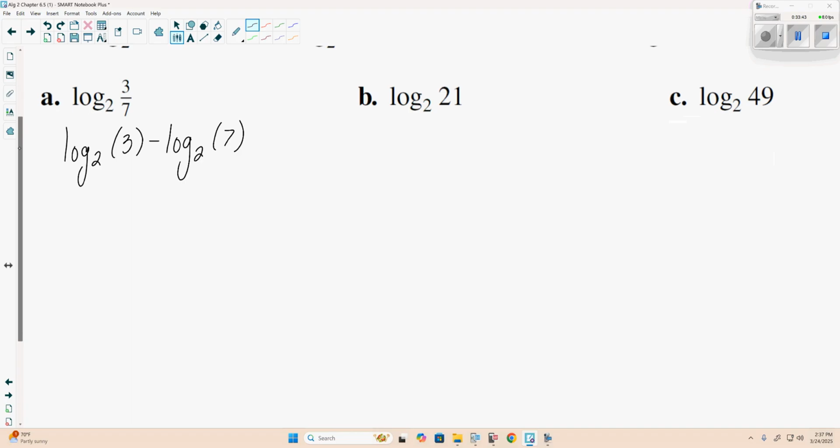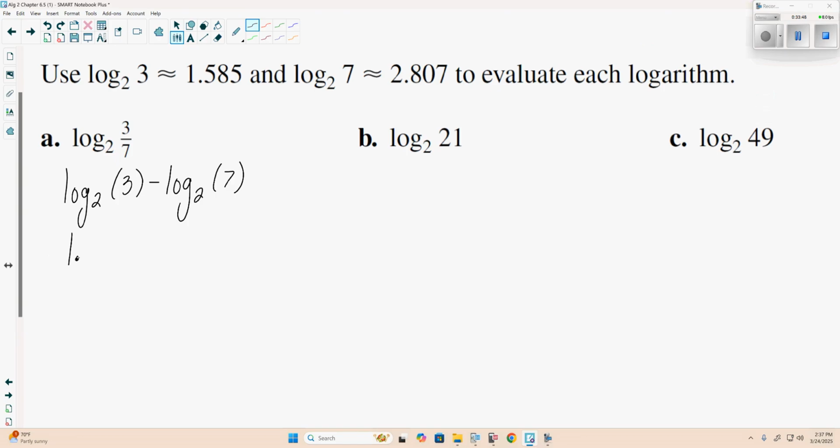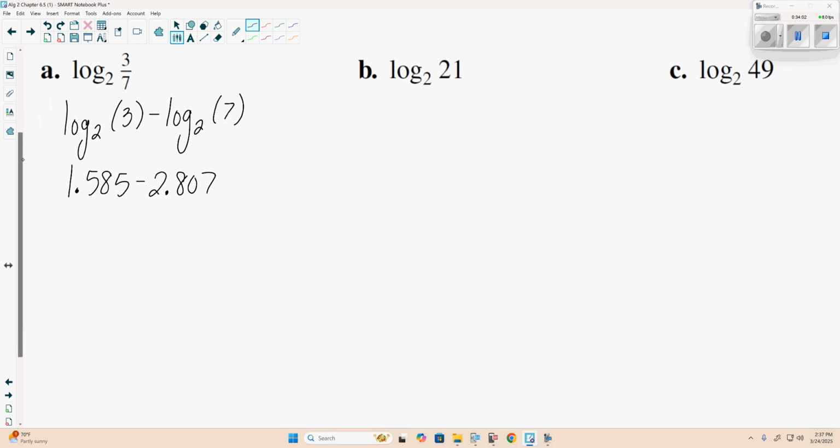So if we subtract these here, well, log base 2 of 3, I can look at the table, and it's 1.585. Log base 2 of 7 is 2.807.